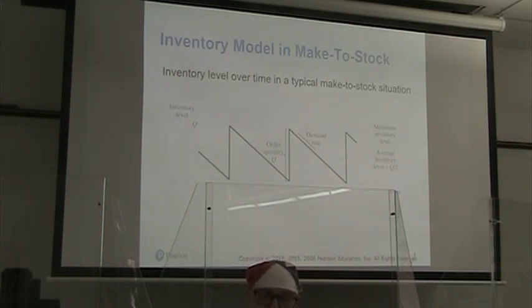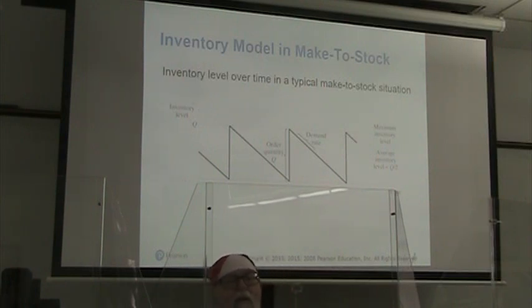All right, so our inventory model for a make-to-stock type factory or production situation. We assume that we can graph our inventory level over time. Okay, so our y-axis is our inventory level and our x-axis is time.